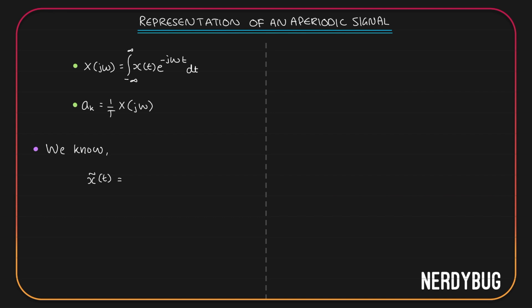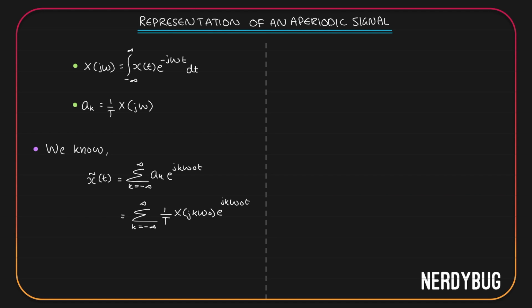So x tilde of t is equal to the summation from k equals minus infinity to infinity of a_k e^(jkω0t). But we just learned a_k can be written as 1 by T times X(jω). So this becomes the summation from k equals minus infinity to infinity of 1 by T times X(jkω0) e^(jkω0t).